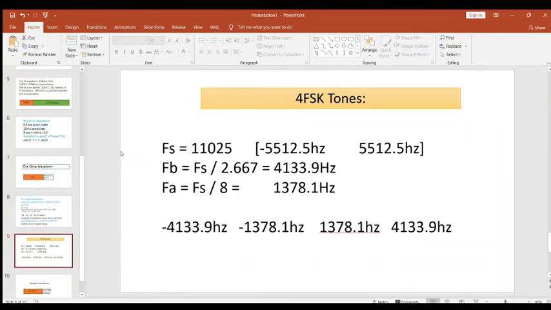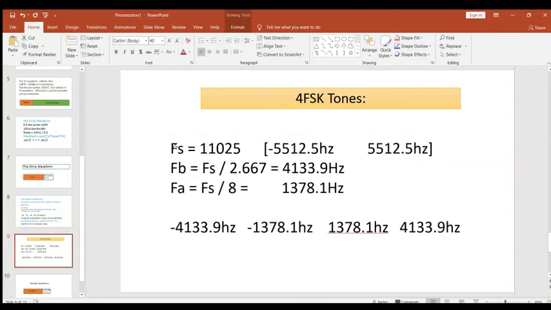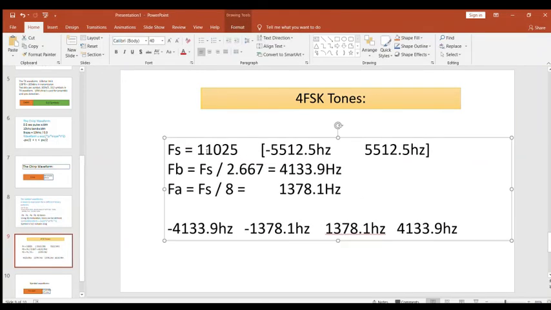Alright, just some gory math for how I got the tones. Again, if our sample rate here is 11,025 hertz, that basically means our range is going to be minus 5K to plus 5K. That's the range that we can put signals in, right? So this is how I figured out we could pick 4 discrete tones that would cover the bandwidth of 11 kilohertz. And these are the 4 tones right here.